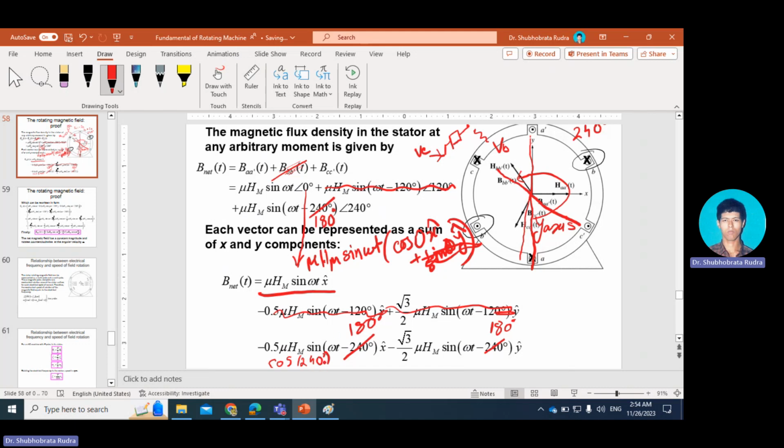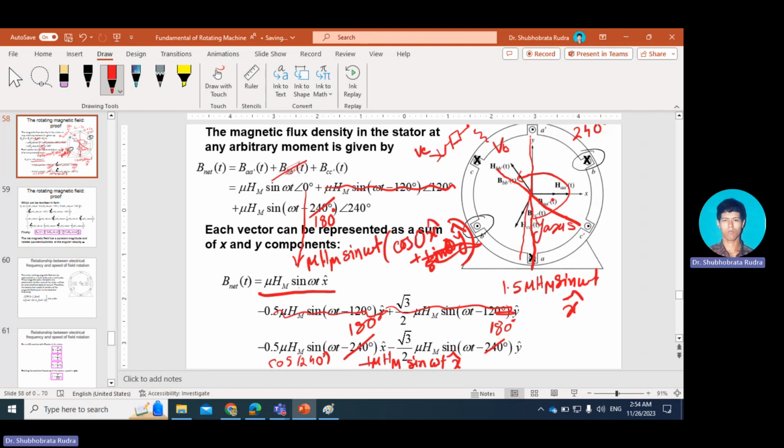Now when you have this, what you will have here, this mu hm sine omega t minus 180 degree, that will result in mu hm sine positive omega t x cap. So basically these two will be added and will give you 1.5 mu hm sine omega t x cap.